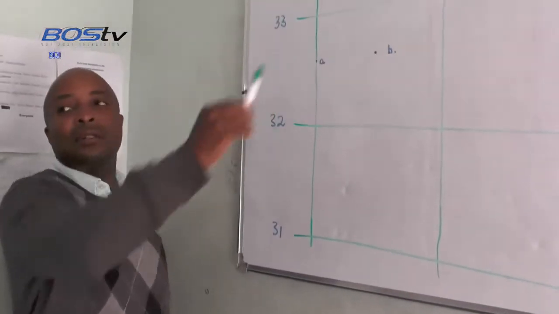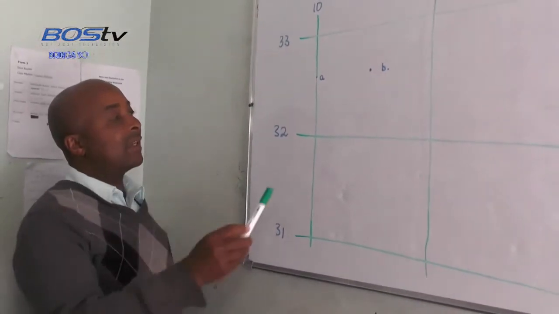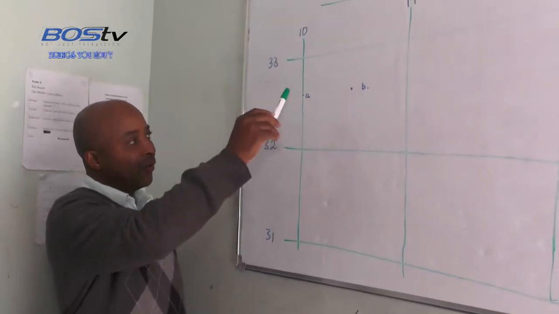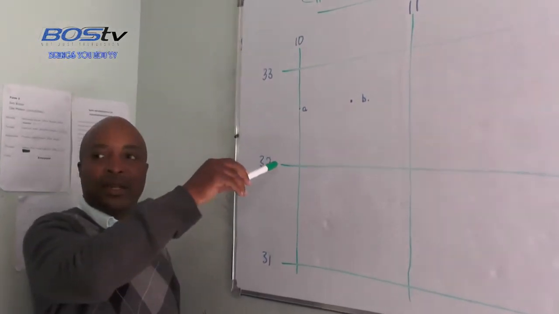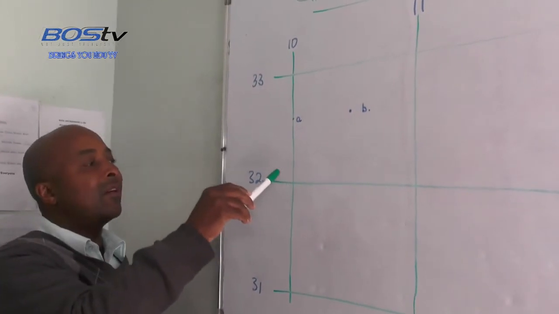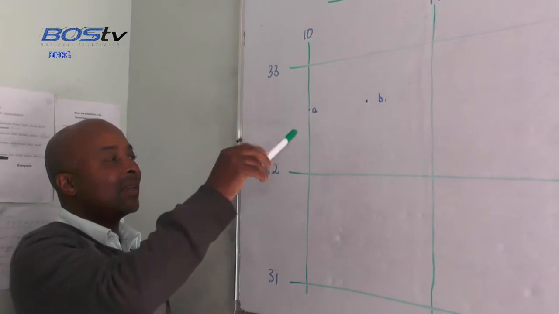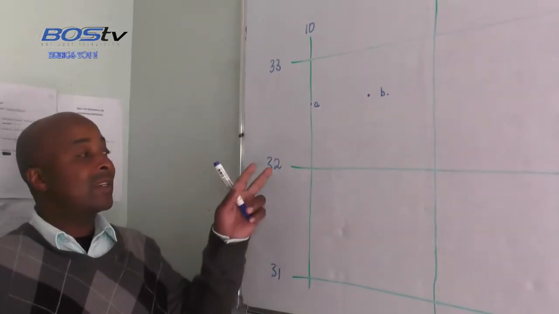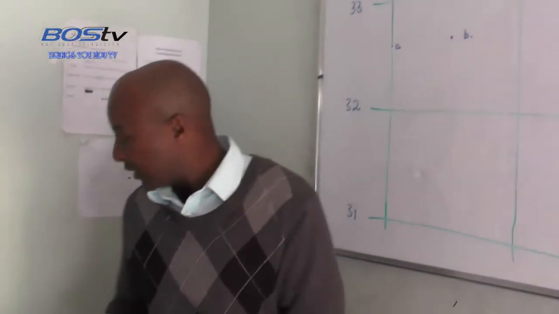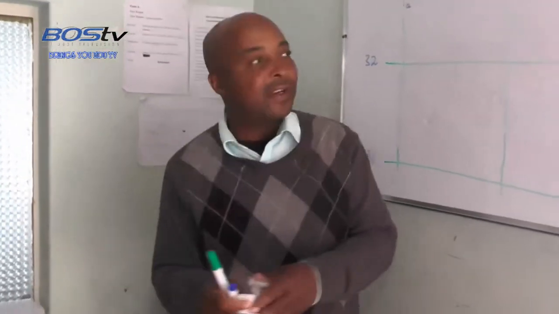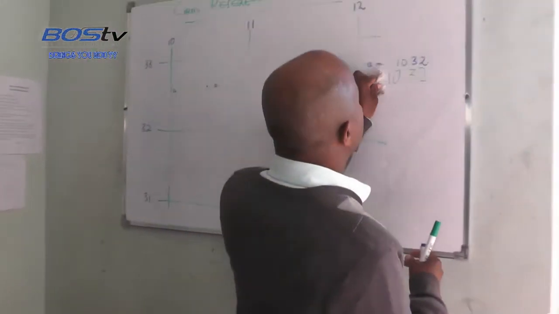So like he said, we consider the northing that is just below the point, or if it was on a line, we would take that one. So for A, the northing that we are going to consider is 32. Right, so that's the 4-figure grid reference for A.